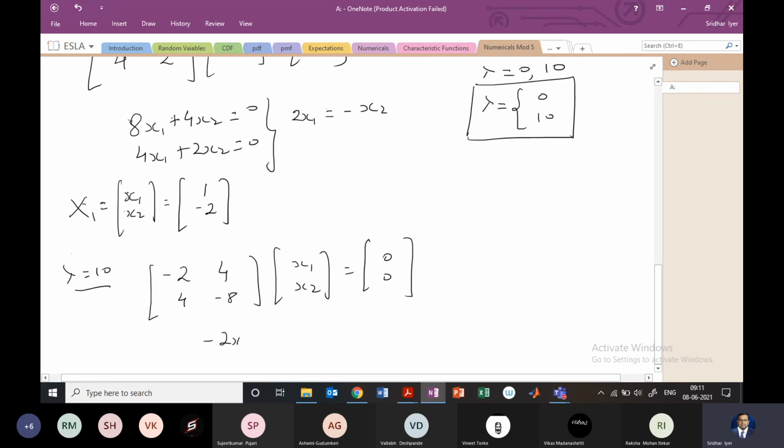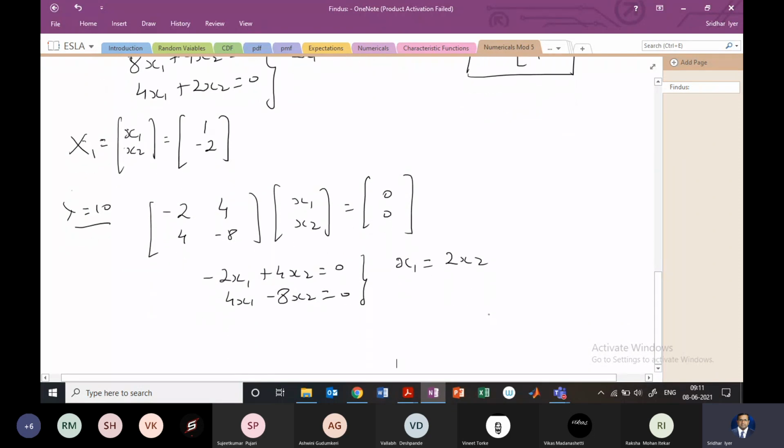So you have minus 2x1 plus 4x2 equal to 0, and 4x1 minus 8x2 equal to 0. So from these we'll get x1 equal to 2x2. For the second eigenvector, if it has x1 and x2, those values will be 2 and 1.